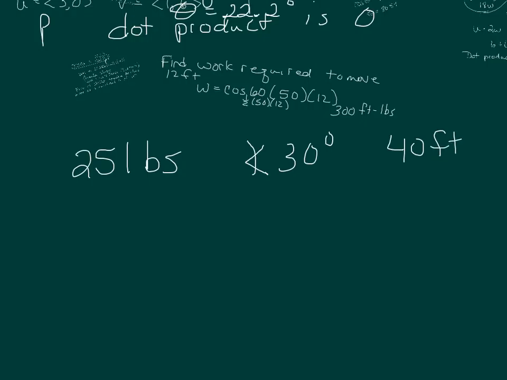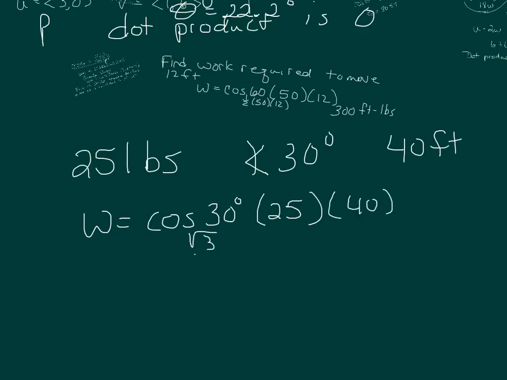So again, work equals the cosine of 30 degrees times the force, 25 pounds, times 40 feet. So the square root of 3 over 2 times 25 times 40 is 866.03, about 866 foot-pounds.